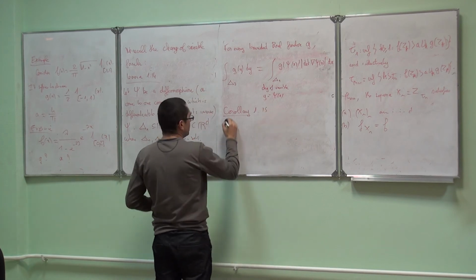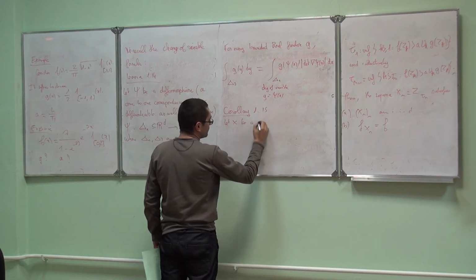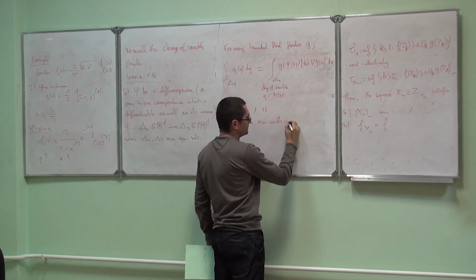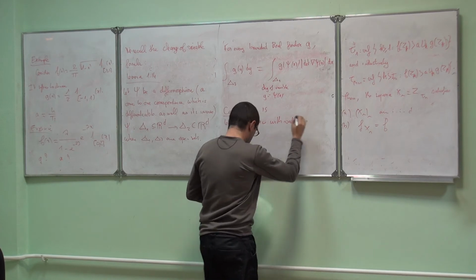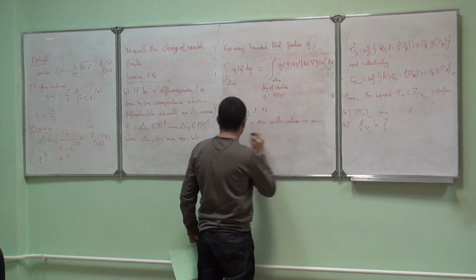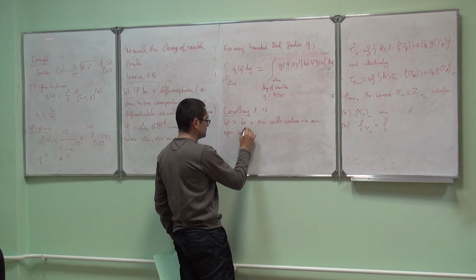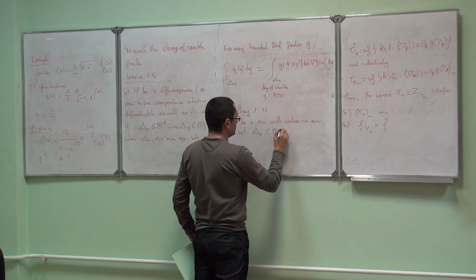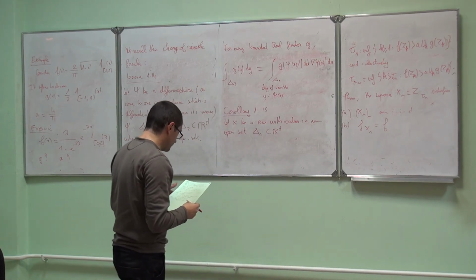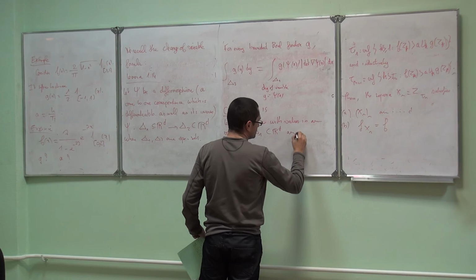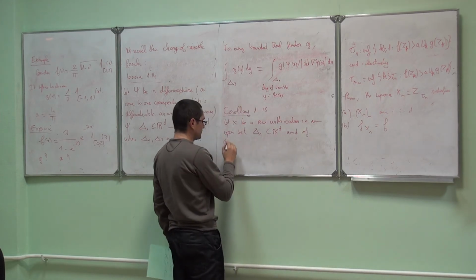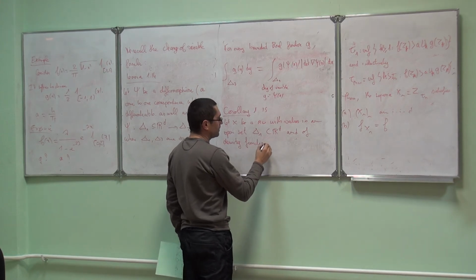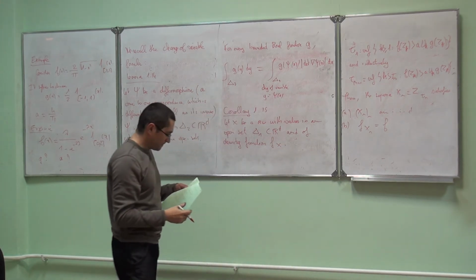1.15. Let X be a random variable with values in an open set Δ1 in R^d, and of density function f_X.